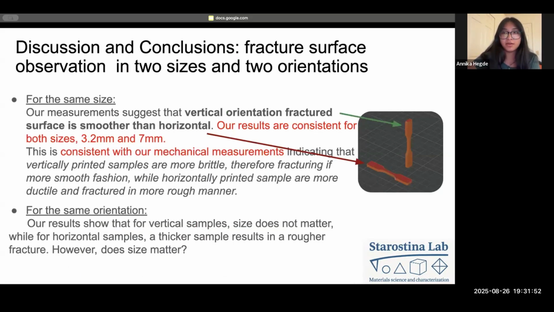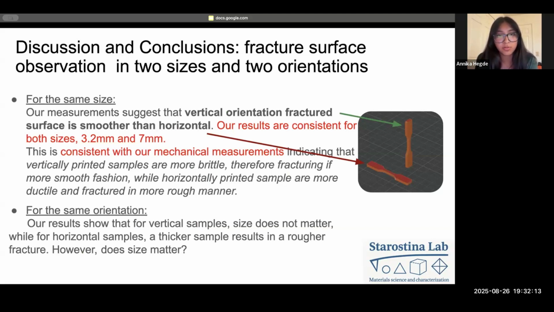Next slide. Here are conclusions on the fracture surface observations for the two sizes and two orientations. For the same size, our measurements suggest that the vertical orientation fractured surface is smoother than the horizontal fractured surface, and our results are consistent for both sizes, so for both the 3.2mm samples and the 7mm samples.